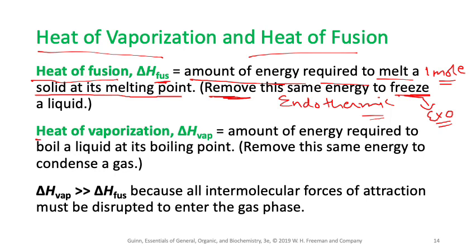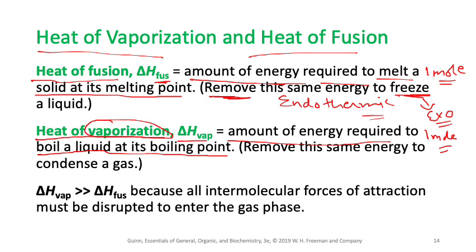The other term that we're going to talk about is heat of vaporization. As the term says, vaporization means converting from liquid to vapor. It is the amount of energy required to boil a liquid at its boiling point, or the amount of energy required to convert 1 mole of liquid into a vapor phase.